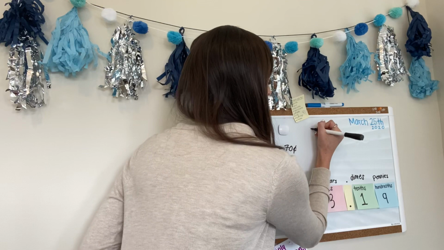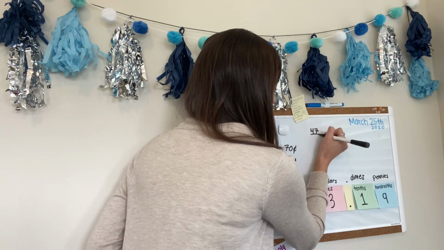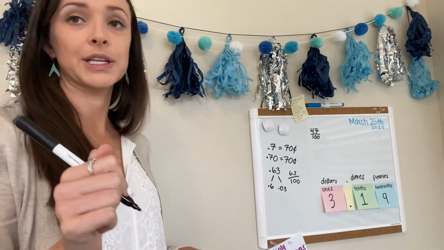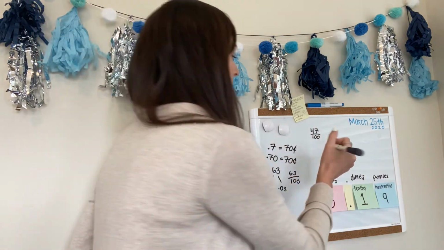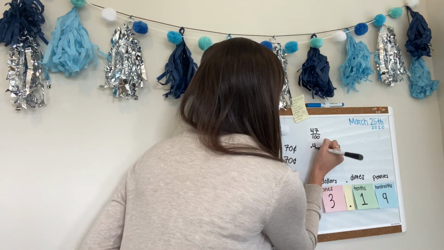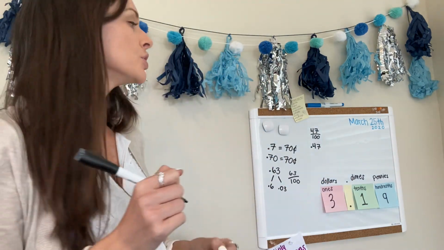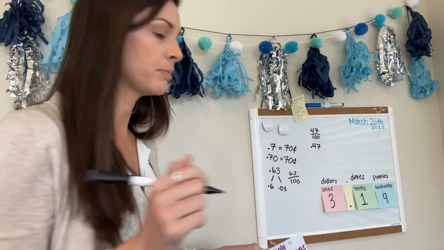So our first way is we could show it as a fraction, 47 hundredths. Awesome. The next way we can show it is 47 hundredths as a decimal. You might also have it in word form.